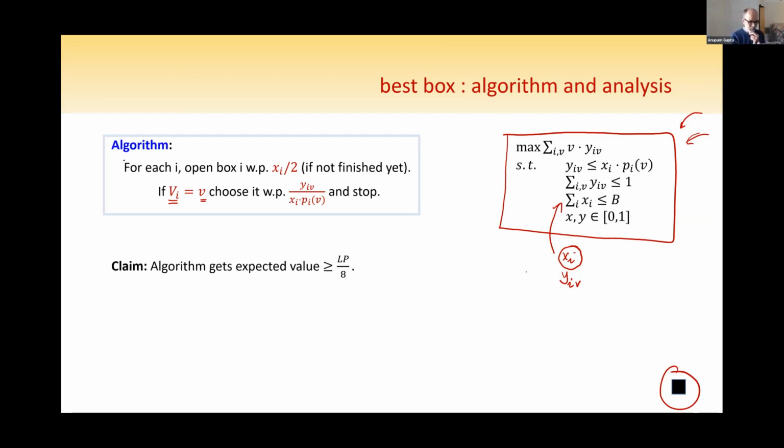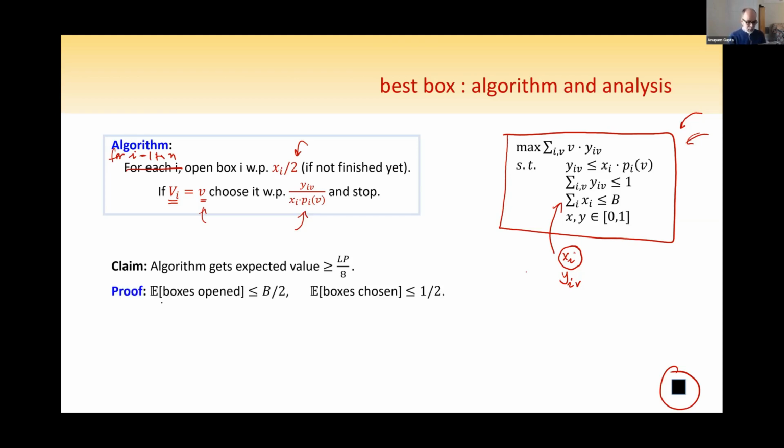I look at box 1, I open it with some probability. If I am allowed to open it, and it takes on value v, I choose it with this conditional probability. And my claim is the algorithm gets this value.